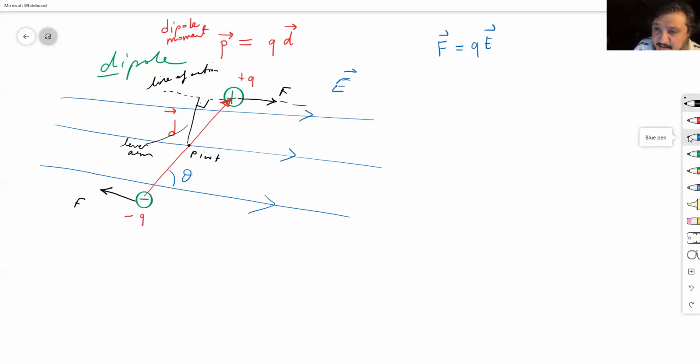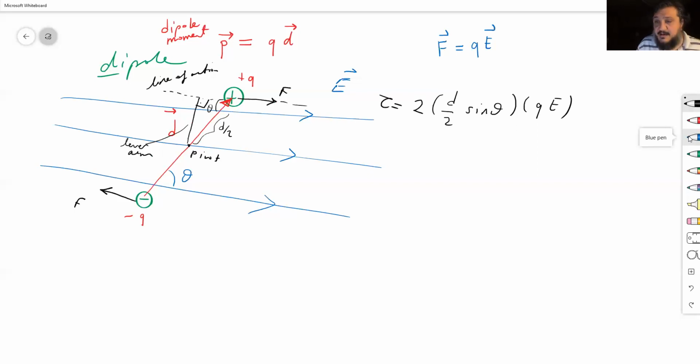See, this is theta, theta. So the hypotenuse is d over 2. So d over 2 sine theta is the lever arm. You multiply the lever arm by the force, you get torque. But that's only because of the positive charge. For the negative charge, you also have an equal amount of torque, so multiply this by 2.